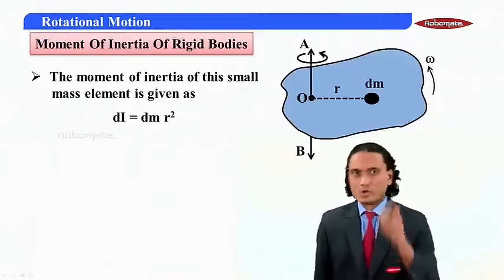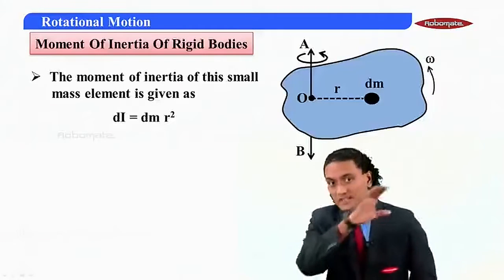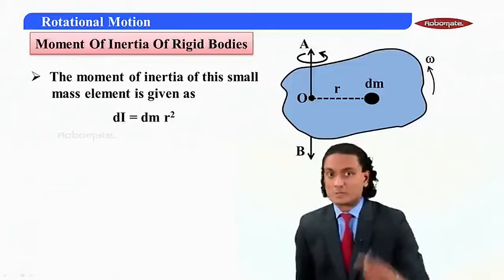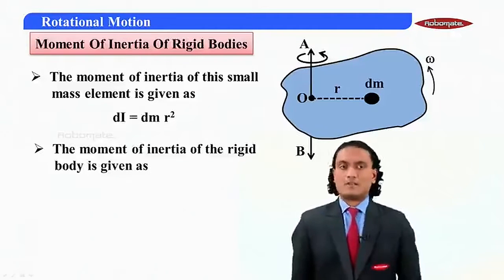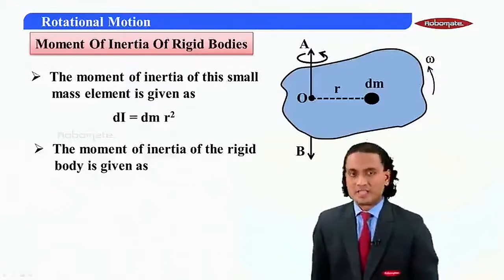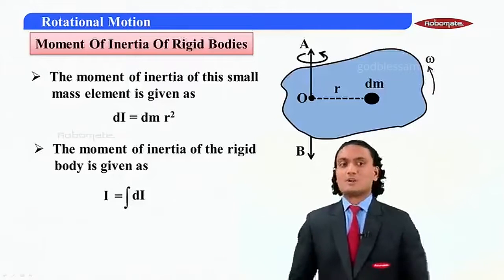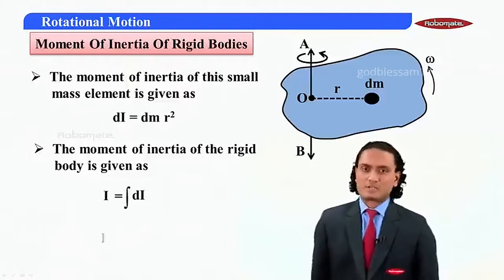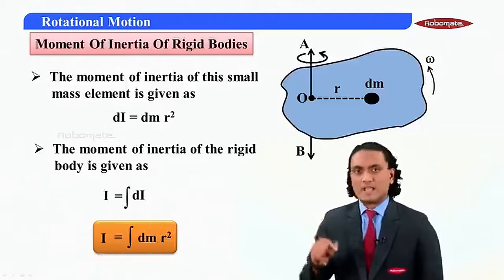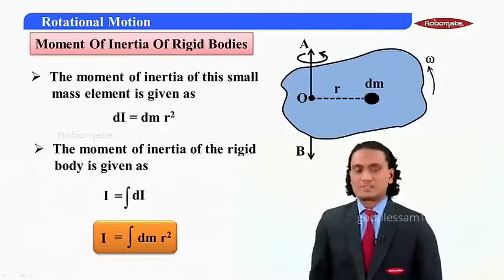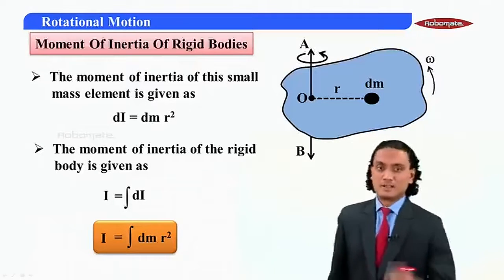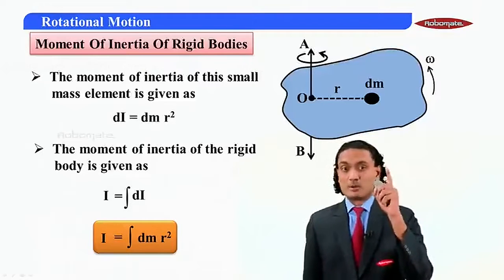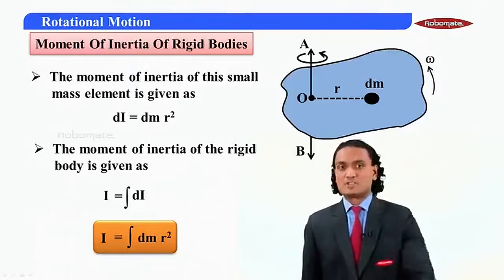Now, we all know this rigid body is made up of many such mass elements, continuous distribution of mass. So then the moment of inertia of the rigid body is given as I is equal to integration of dI. And dI is dm r square. So I is equal to integration of dm r square. Remember students, this is a rigid body which is made up of continuous distribution of mass.